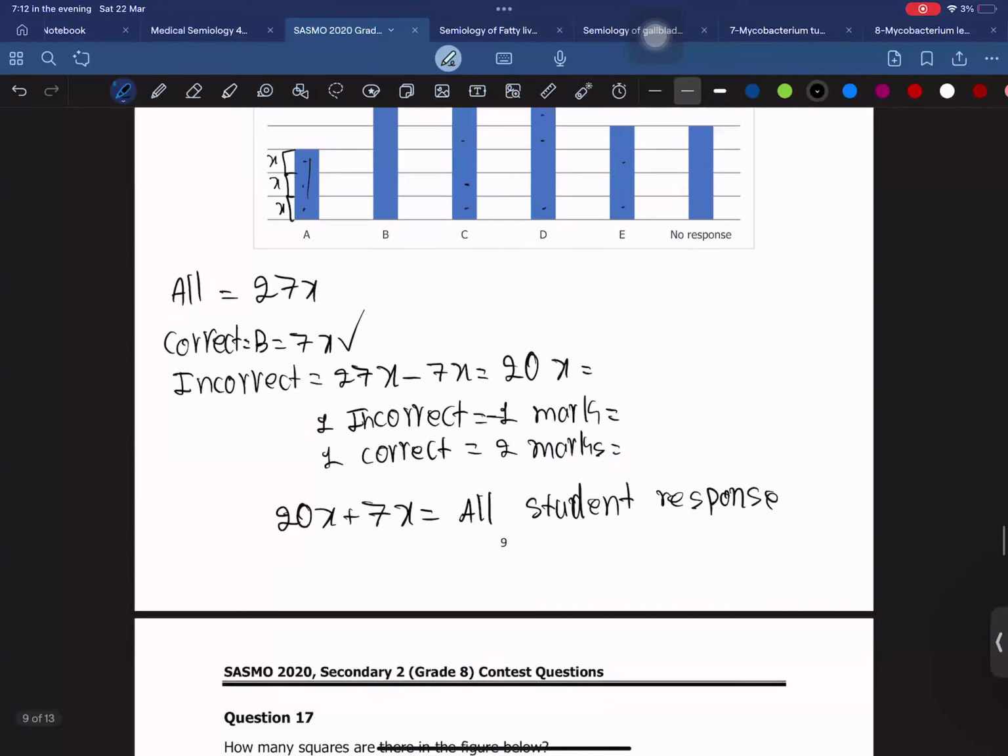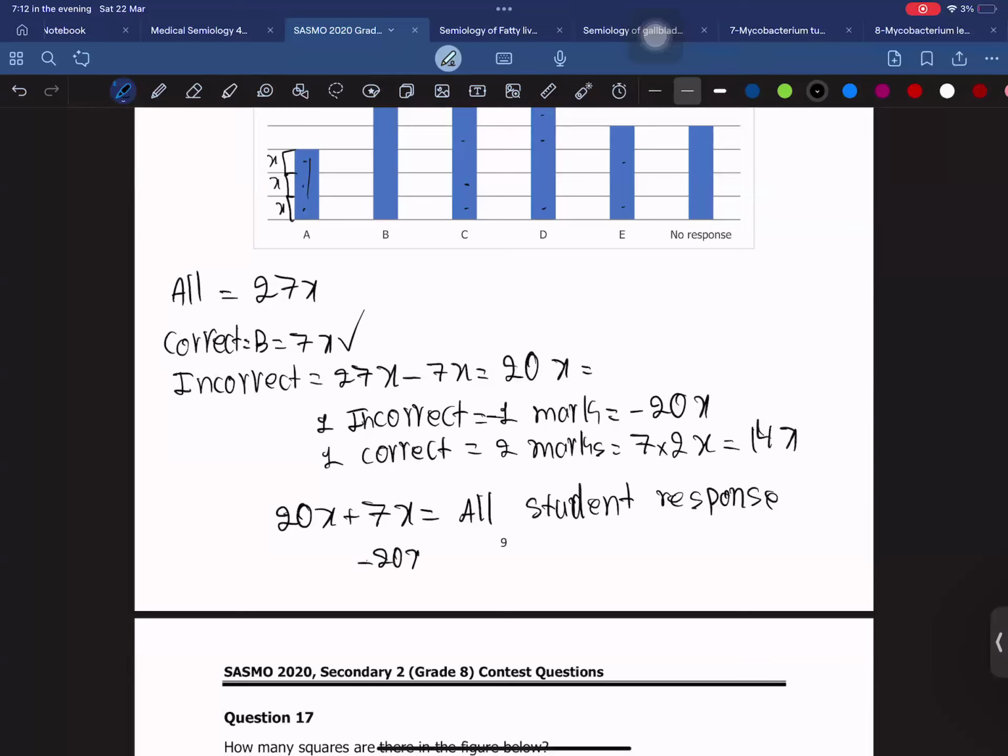But as we know, each incorrect answer deducts 1 mark, so it's minus 20x. And each correct answer gives 2 marks, so 7x times 2 is 14x.